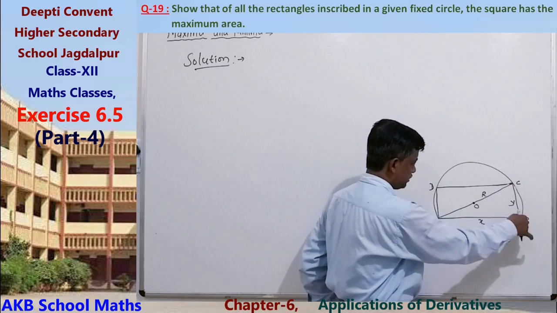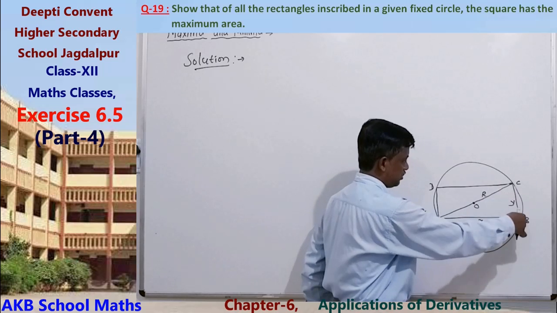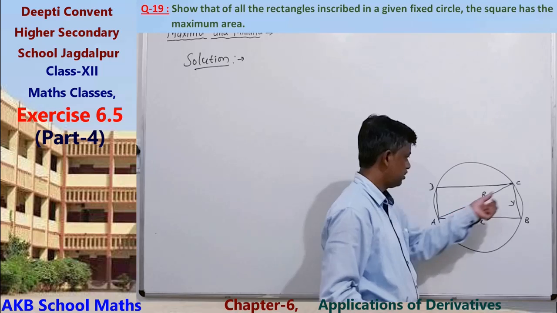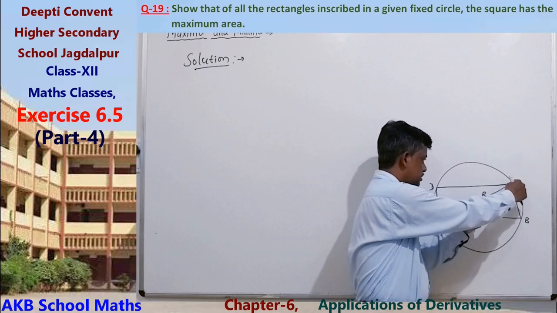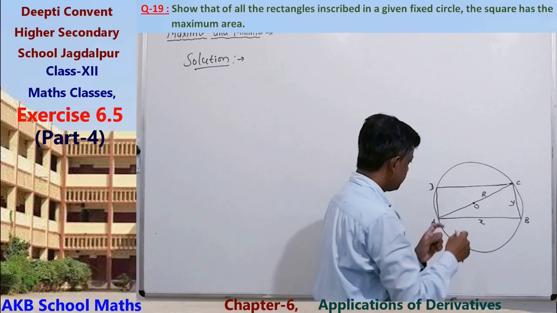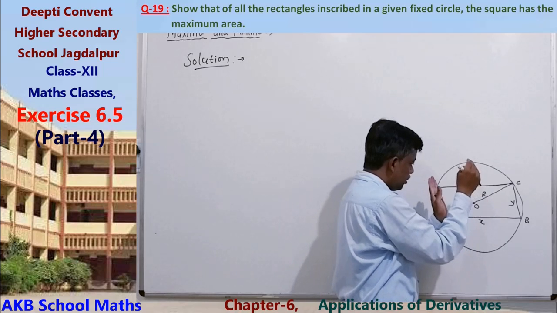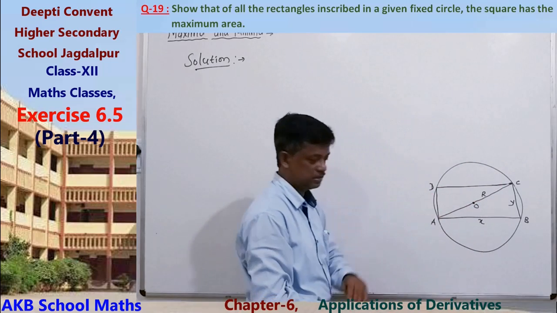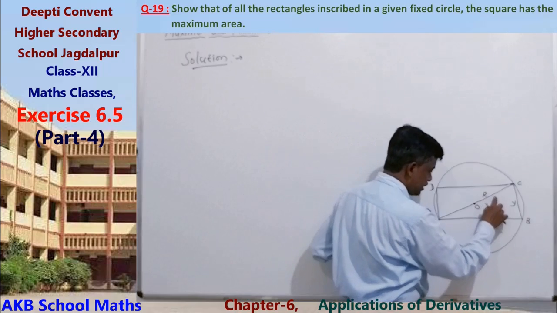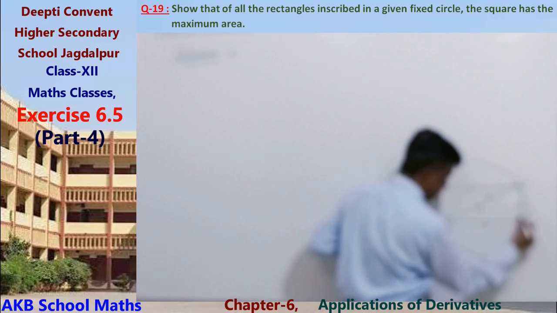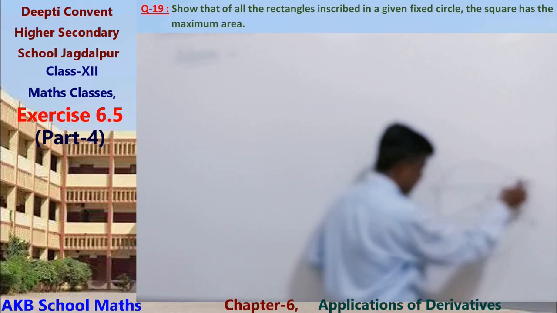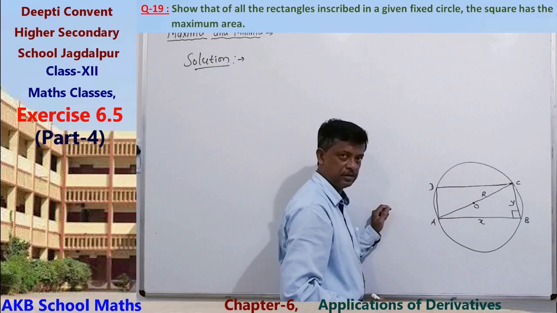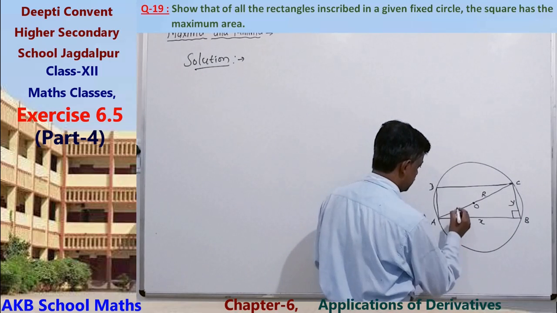Length X, breadth Y. The radius of the fixed circle is capital R. The diagonal of the rectangle will pass through the center like this. Since this is a rectangle, this is 90 degrees. This is the radius, so the diameter will be 2R. This is also R.